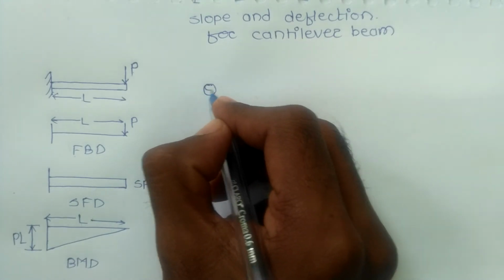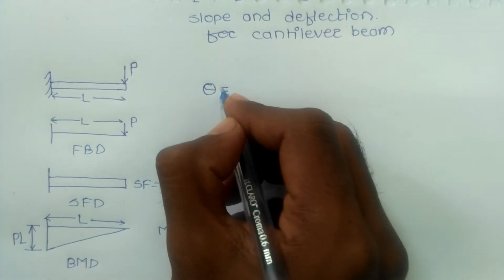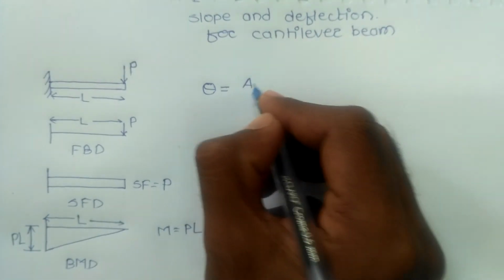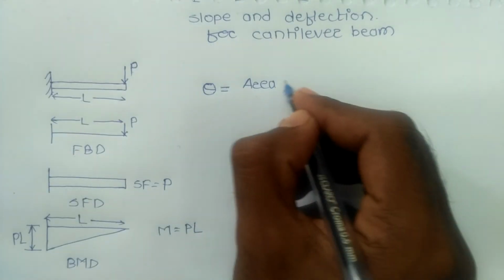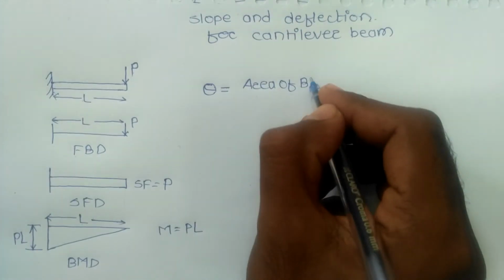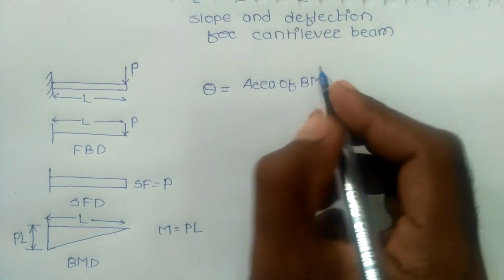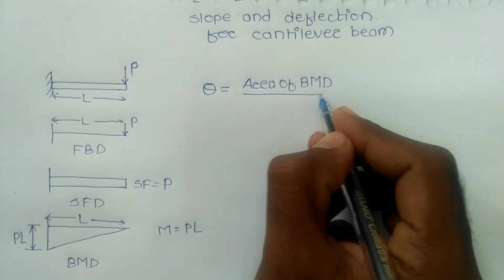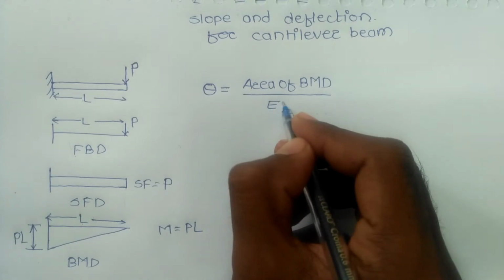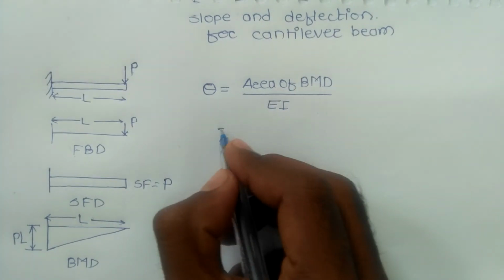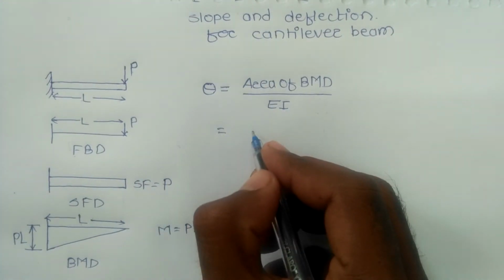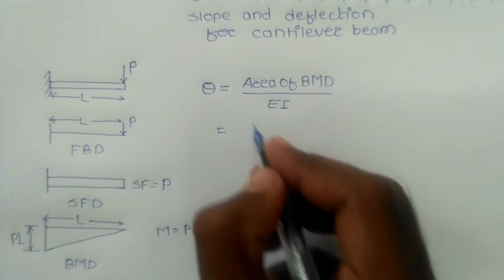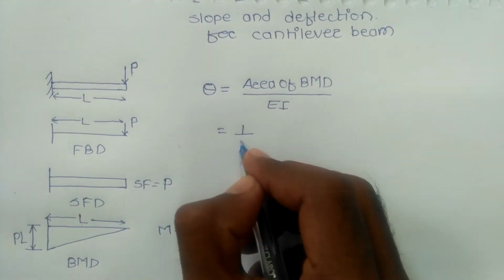Slope is denoted by theta, which is equal to the area of the bending moment diagram divided by EI.